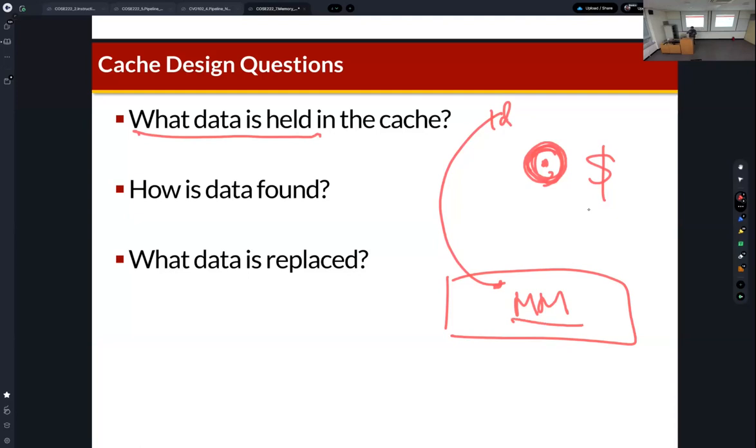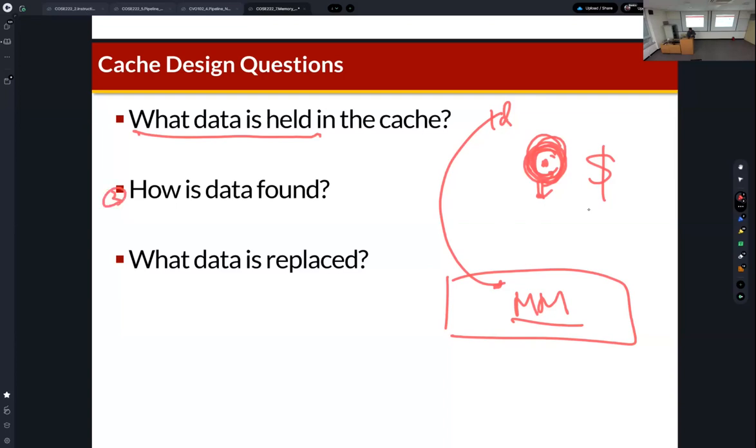Then we need to decide which data will be stored in the cache. As I mentioned, this is decided by hardware automatically, but the hardware needs to decide which data will be stored in the cache.